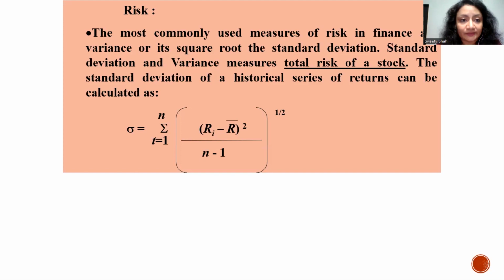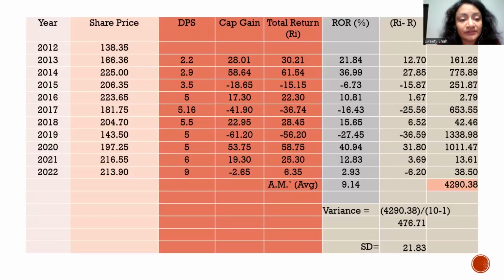So to calculate the standard deviation, we are going to take the same example. Again, we are going to consider all the years. We have the share price, we have the dividend, we have already calculated the capital gain and losses, and the total return in value terms and in percentage terms.